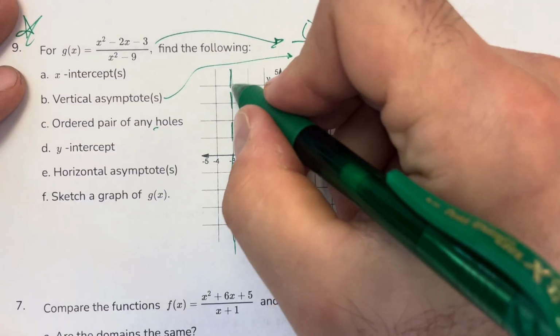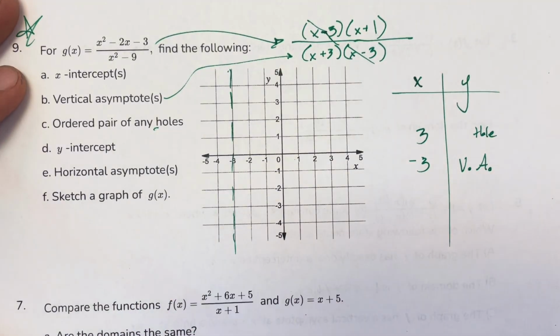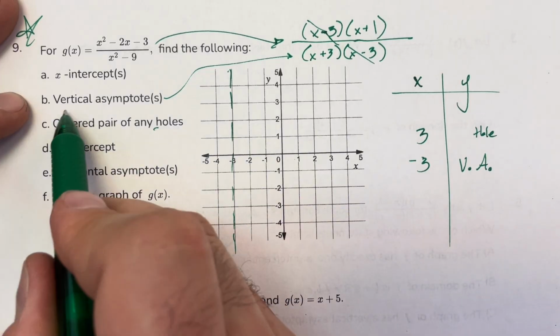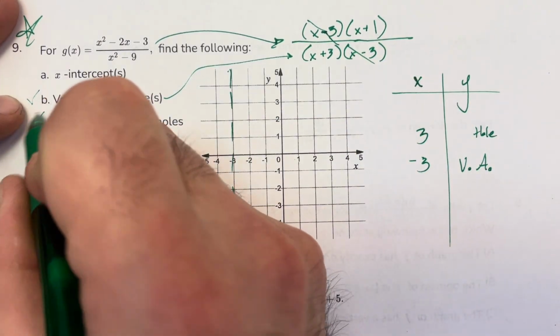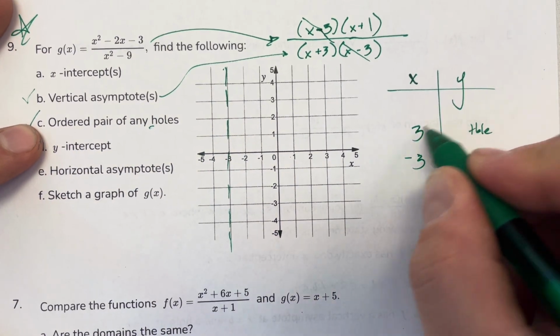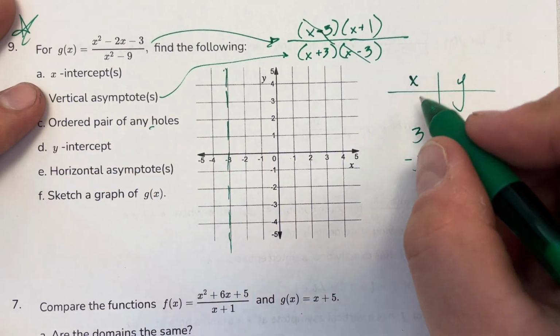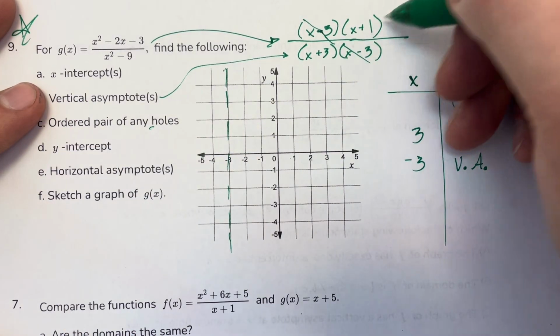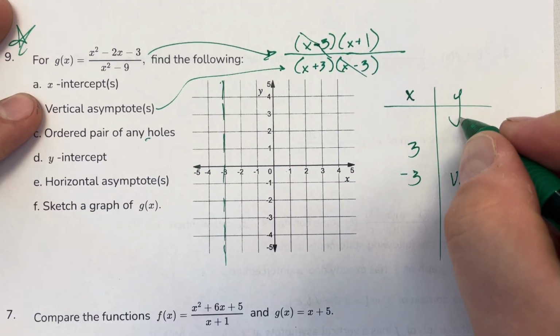That's something that it can't touch. It can approach it, but it can't touch it. So vertical asymptotes, that's taken care of. The hole is kind of taken care of, but it does say an ordered pair, so what's the other part of that number? We'll revisit that.